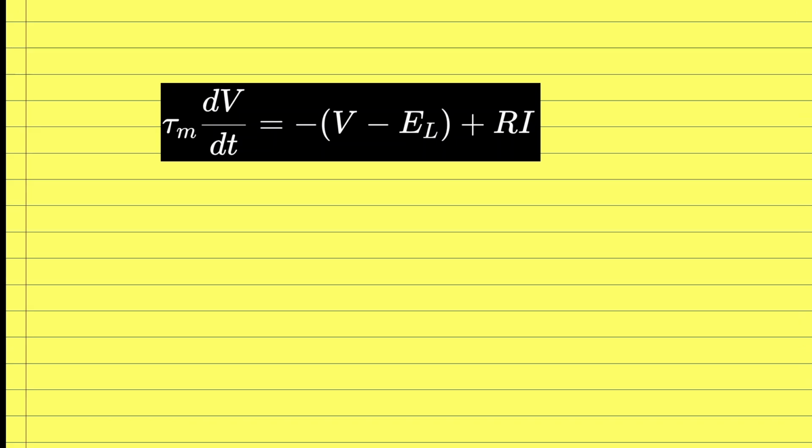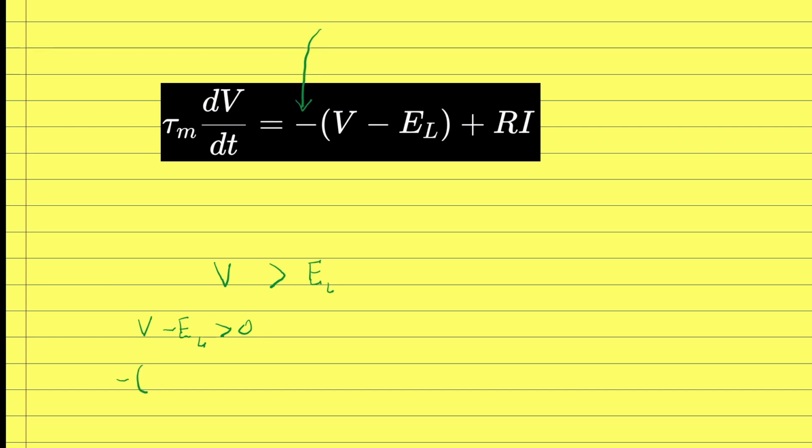Now let's translate those three ideas into mathematics. We had three ideas. One was the leak term, the other was input, and the last one was something called threshold. The first term is the leak term. So we have V as the membrane potential, and EL is our leak potential. Suppose that our membrane potential is above resting potential. So we have something like this. We can write this in another way, but notice the negative sign.